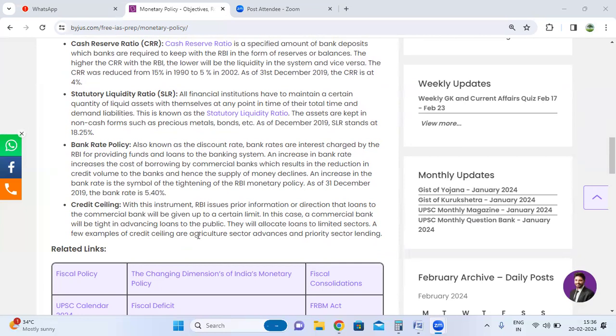In this case, commercial banks will be tight in advancing loans to the public, and they will allocate loans to limited sectors. A few examples of credit ceilings are agriculture sector advances and priority sector lending.